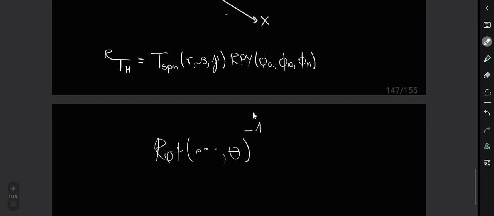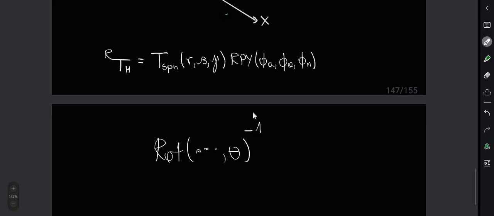One of them is going to tell us where the end effector, where this robot, is located, and the other will basically tell us where we want our joints and our links to be located in 3D space.